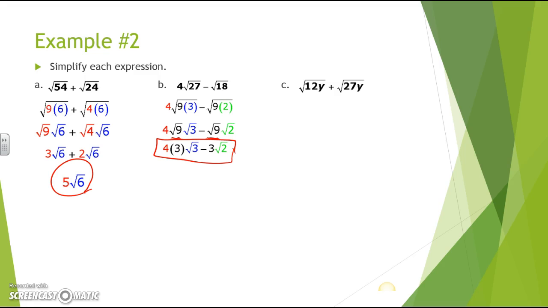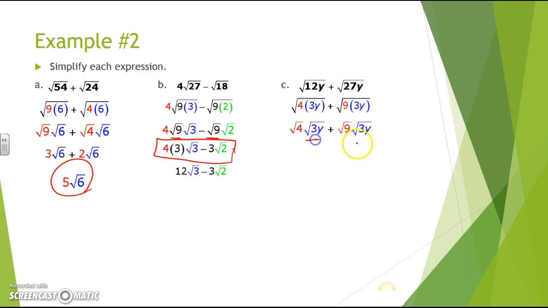For C, we have the square root of 12y plus the square root of 27y. So we factor that out to get square root of 4 times 3y plus the square root of 9 times 3y. So that's square root of 4 times the square root of 3y plus the square root of 9 times the square root of 3y.